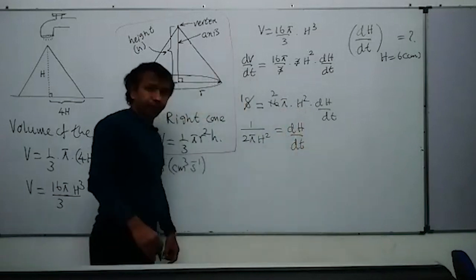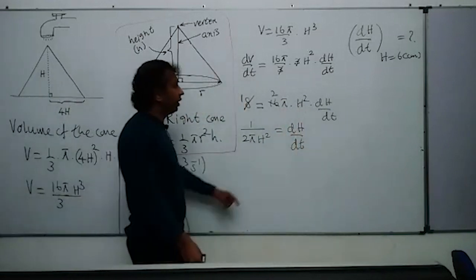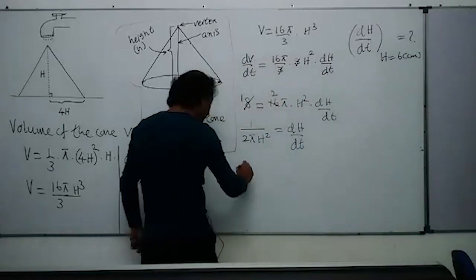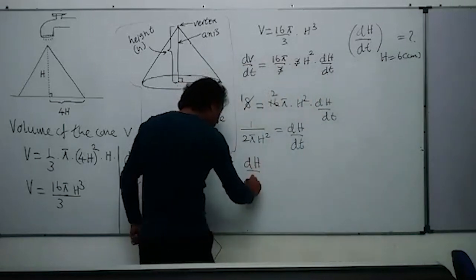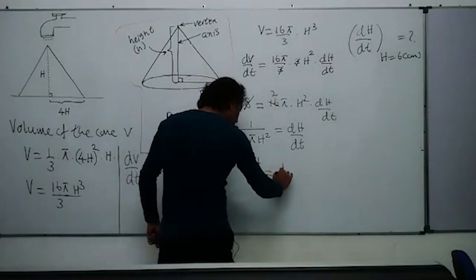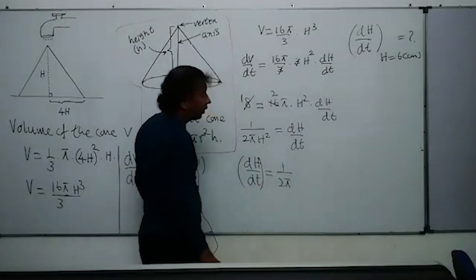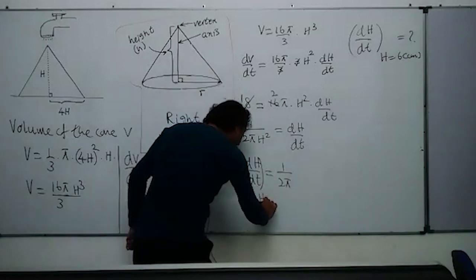dh by dt. Now we need, people, that dh by dt value at h equals 6 centimeters. So therefore, we can substitute in this dh by dt. 1 upon 2 pi. We need the value of this at h equals 6 centimeters.